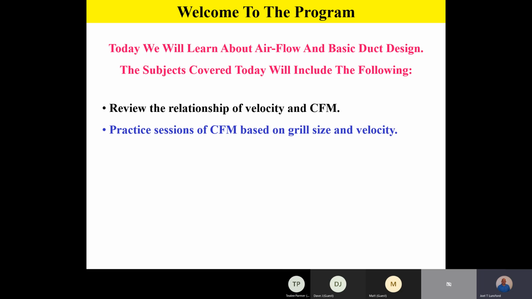There's going to be a target velocity on all the takeoffs, across the filters, and across registers and grills. A lot of times we forget about that. We think about just CFM, but we forget that the speed of the air going across those key components is also very critical. So we're going to really dig into that as we talk about velocity and CFM and the relationship of it.